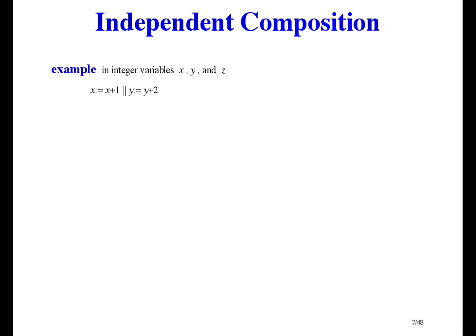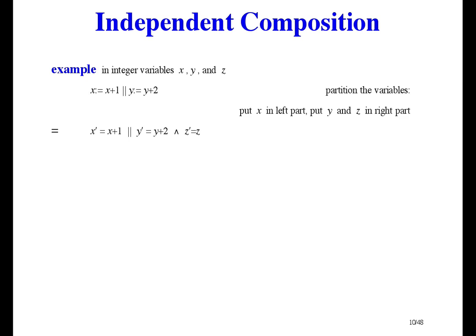Suppose we have three variables, x, y, and z, and we put x gets x plus 1 in parallel with y gets y plus 2. We have to partition the variables, and obviously we have to put x in the left part and y in the right part. We could put z in either part, it doesn't matter which. I'll pick the right part for no good reason.